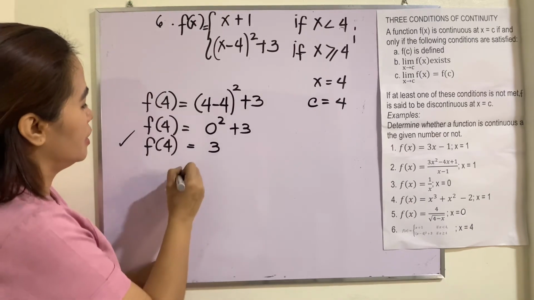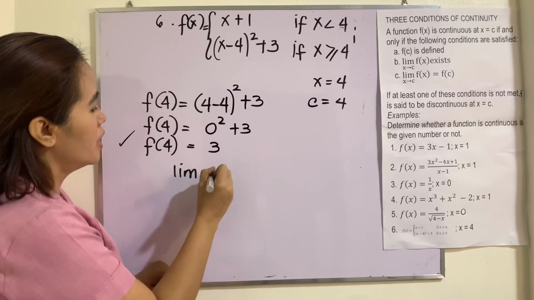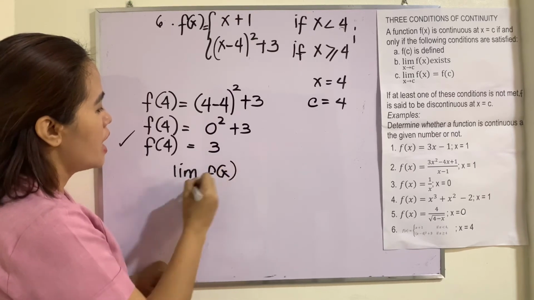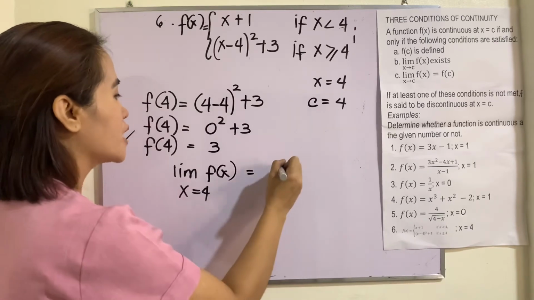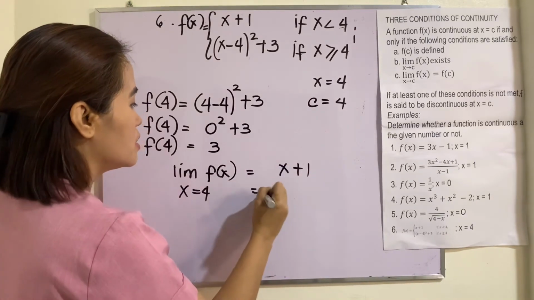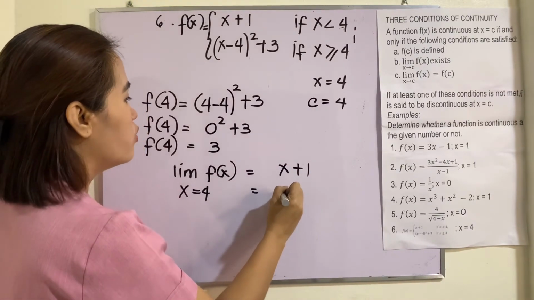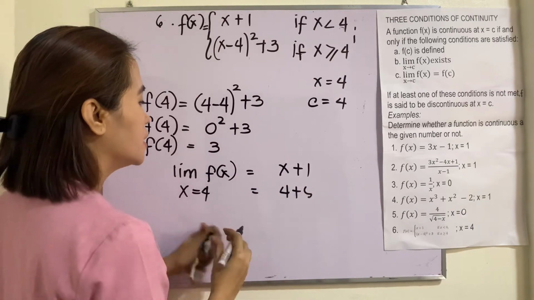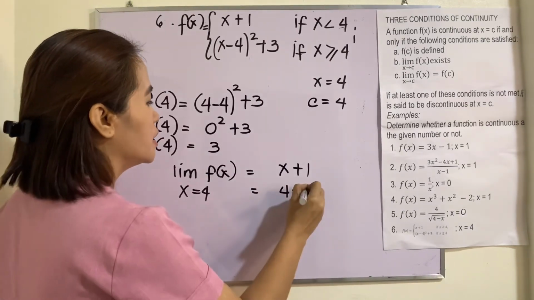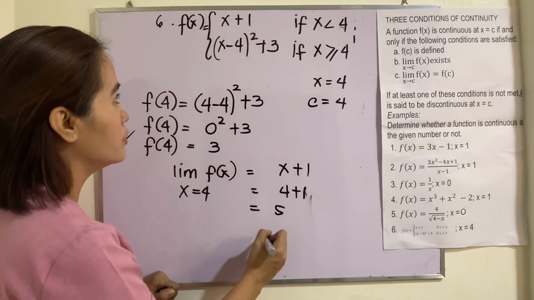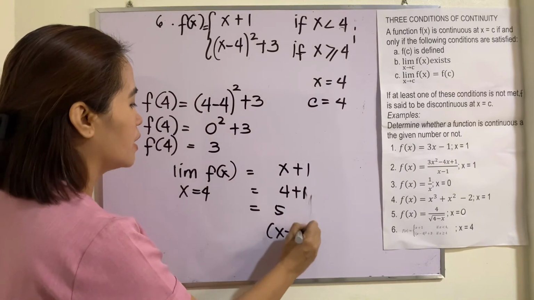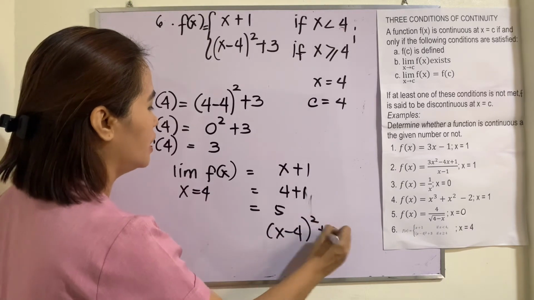What about the limit? The limit of f of x as x approaches 4. This is equivalent to x plus 1. So we have here 4 plus 1, which is equal to 5. And then the other one, we have quantity x minus 4 squared plus 3.